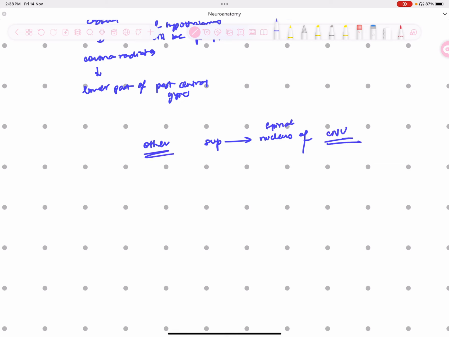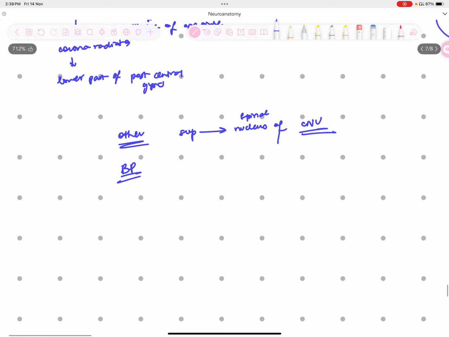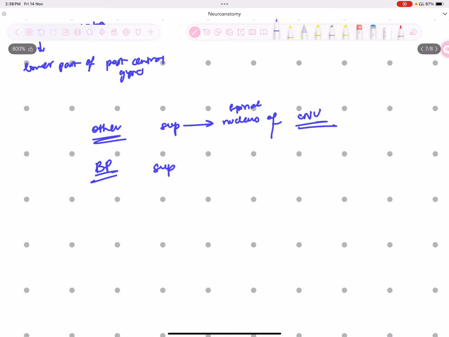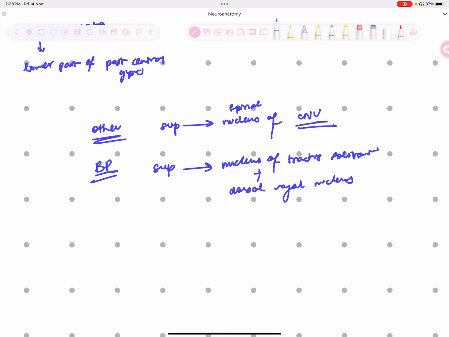So these are other sensations, and then there are the sensations which are primarily concerned with the blood pressure. They are going to go to the nucleus of tractus solitarius only. But with that, it's also connected to the dorsal vagal nucleus. So yes, they both work in association in order to control the arterial blood pressure or any sort of blood pressure.